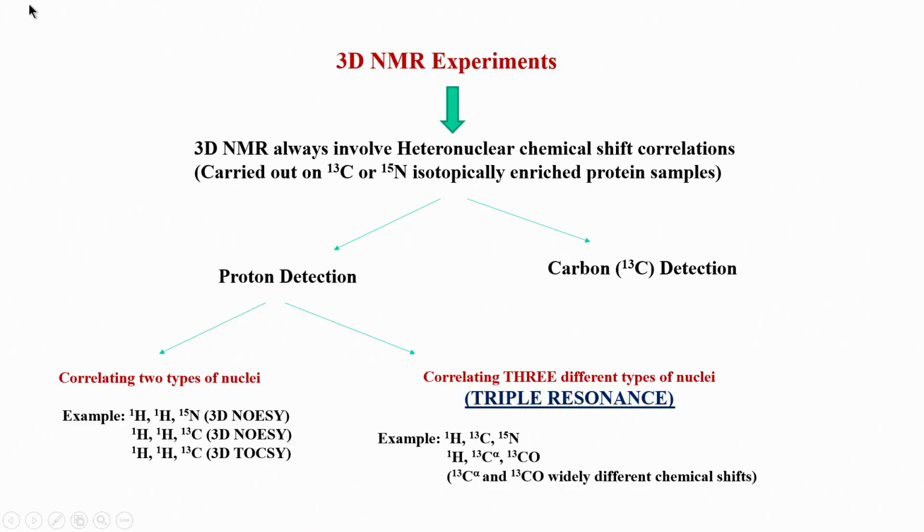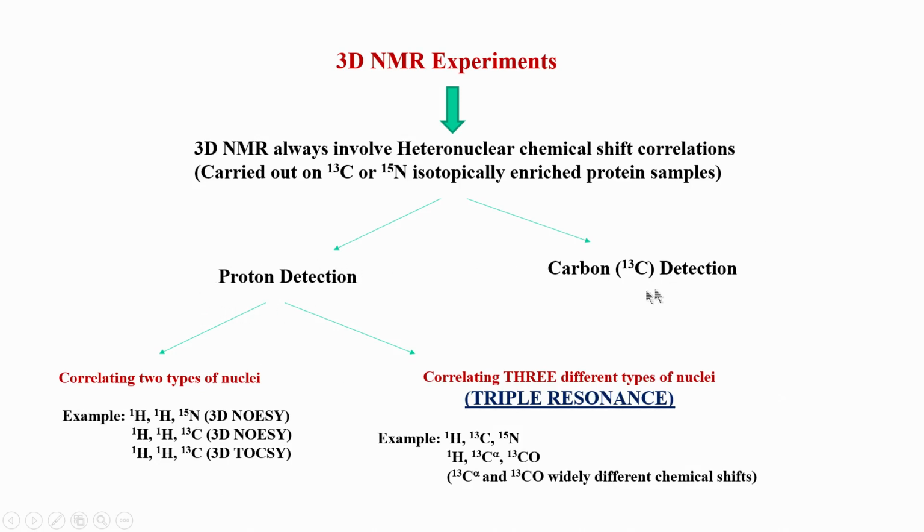The most important thing to understand is that 3D NMR, as we saw, can be divided into two parts, as shown here. It can be proton detection or it can consist of carbon detection. Most of the experiments which we normally do belong to the proton detection category.